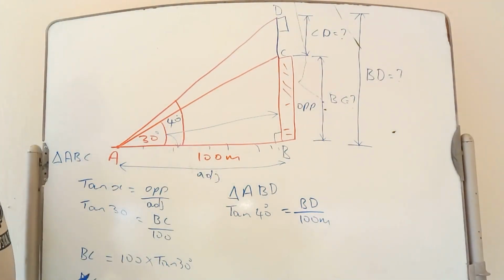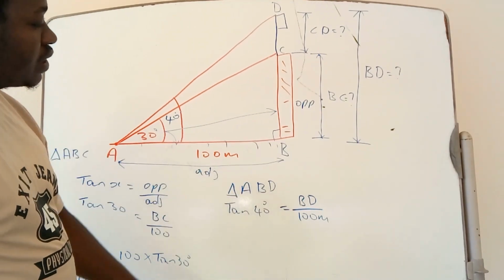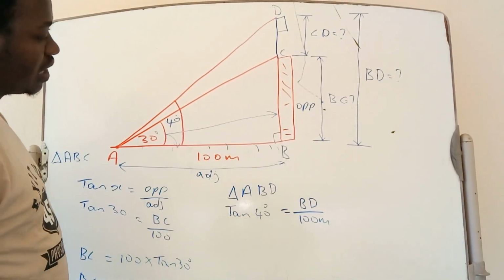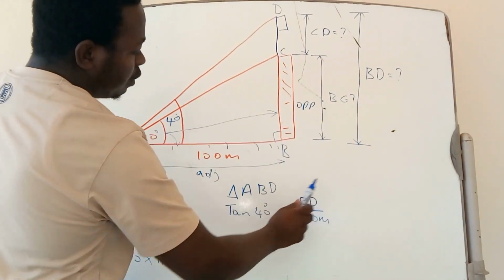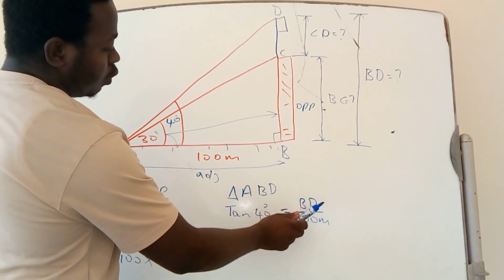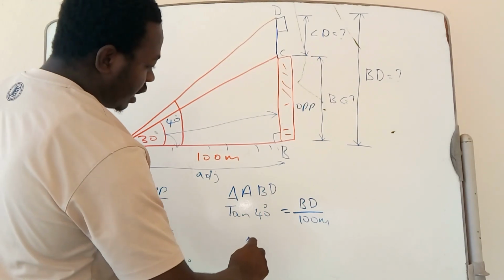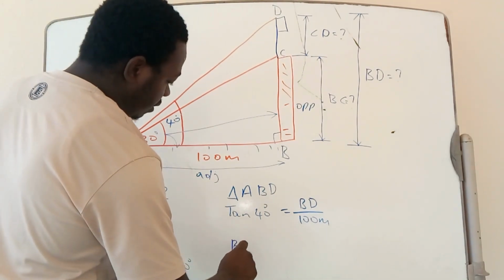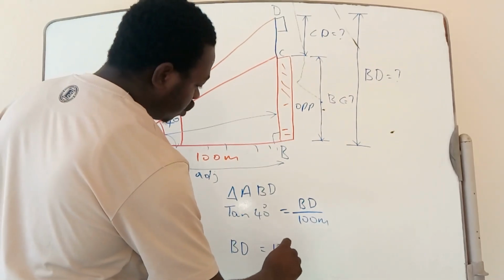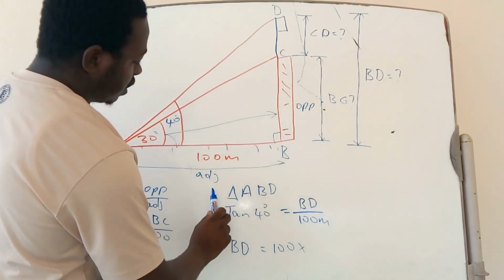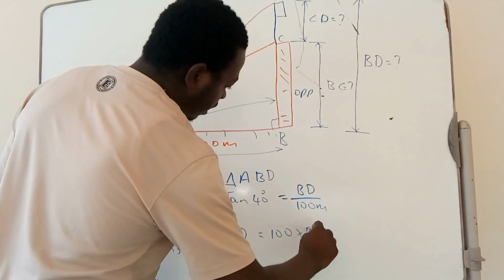Right? Now you want to find what BD is, you need to multiply both sides by 100. So if you multiply this side by 100, 100 is going to cancel out 100, right? So you're left with BD is equal to 100 times tan 40 degrees.